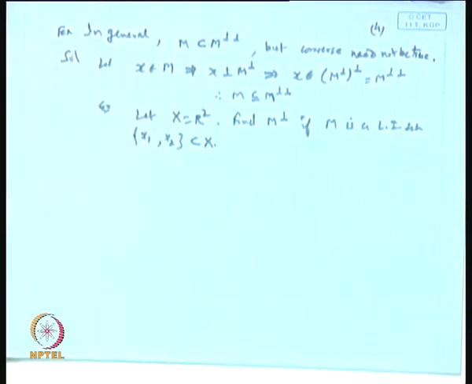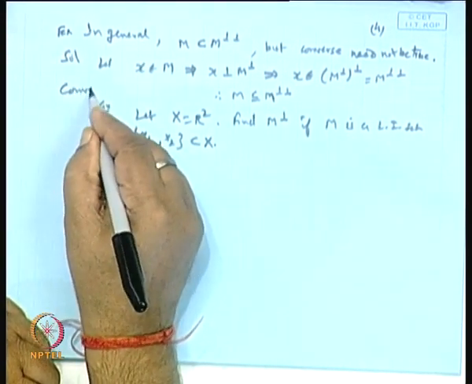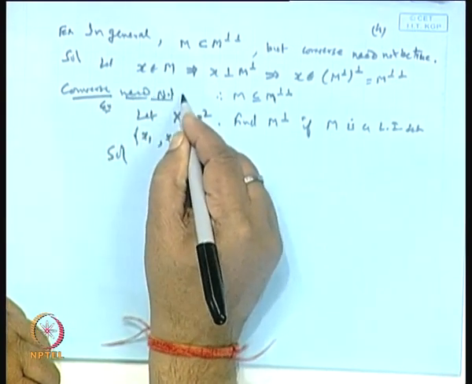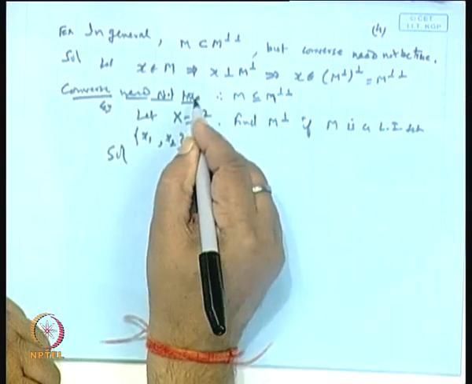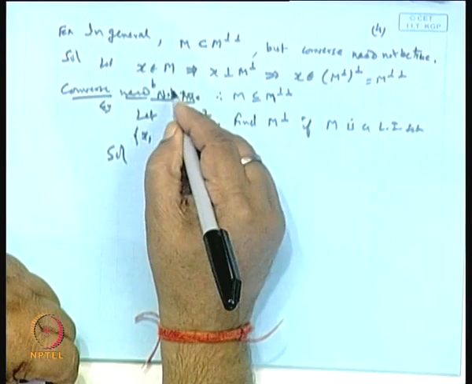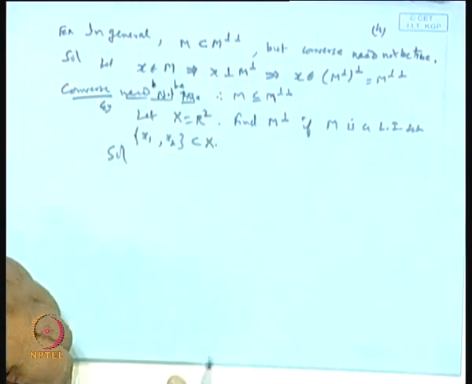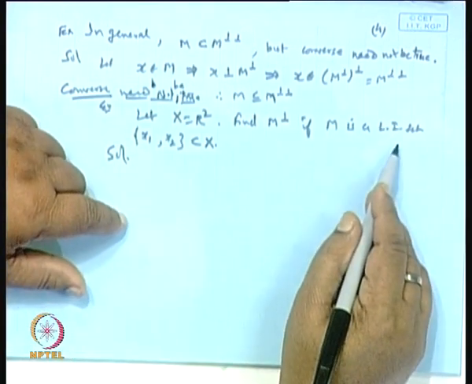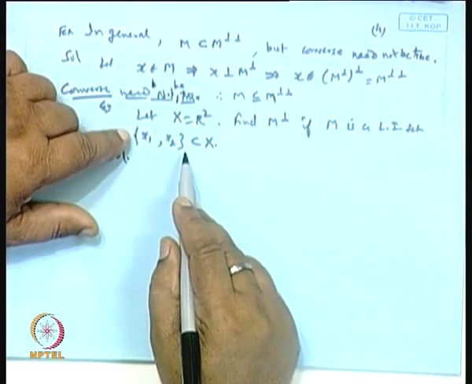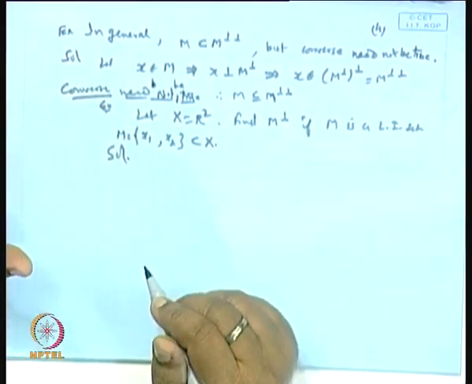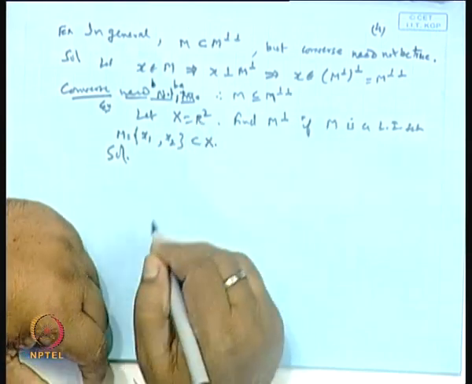Now, for the converse need not be true, M is a linearly independent set x1, x2, this is our M, which is a subset of X. What is R2?